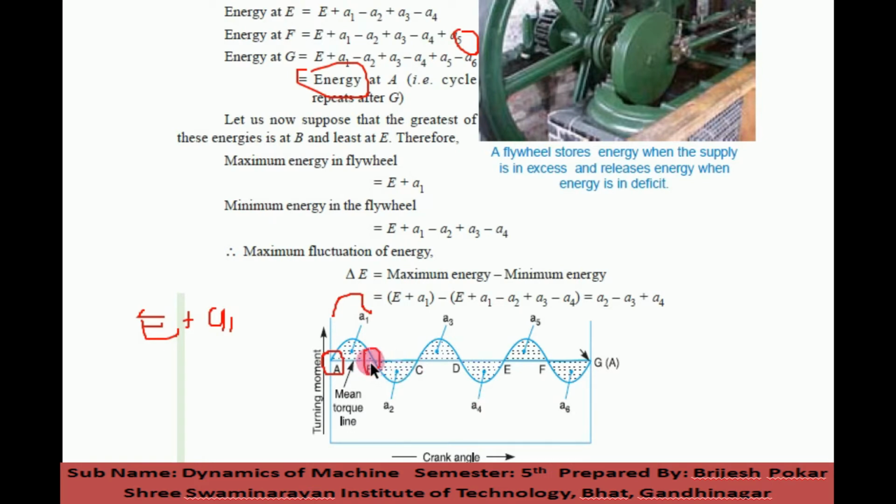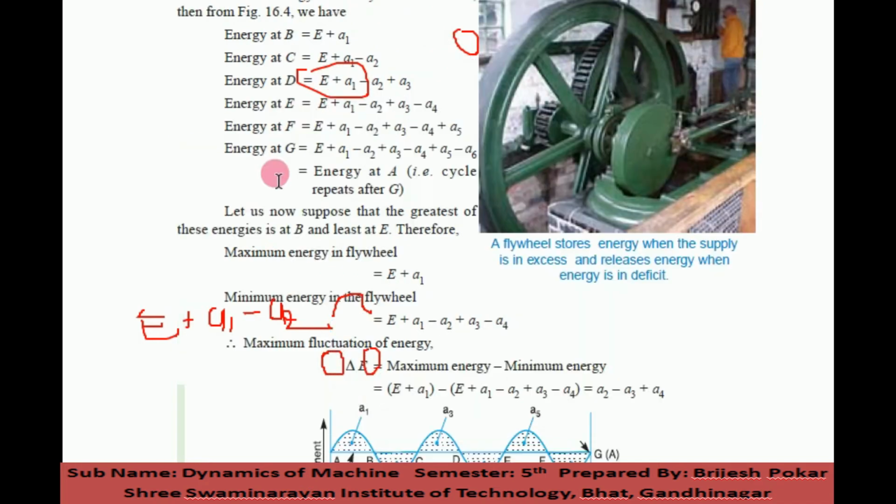Now from B to C, it is minus A2. So the energy at C is E plus A1 minus A2. The energy at D is E plus A1 minus A2 plus A3.